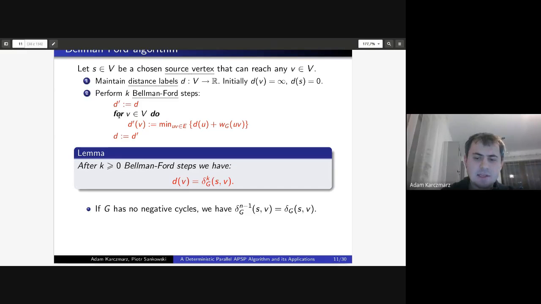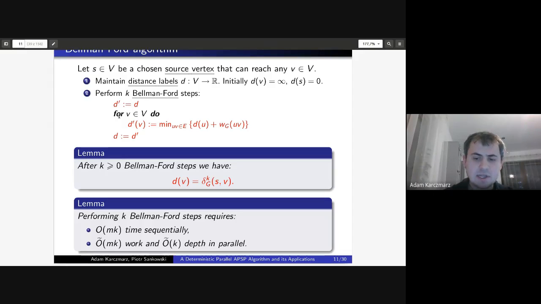And then after k steps, the labels represent exactly the k-hop constraint distances. For this variant, it is clear that the operations in a single phase are independent because we just compute some minima independently for each vertex. The dependencies arise only between subsequent steps. So it is easy to see that performing k Bellman-Ford steps like this can be done using order m k work and using k depth.